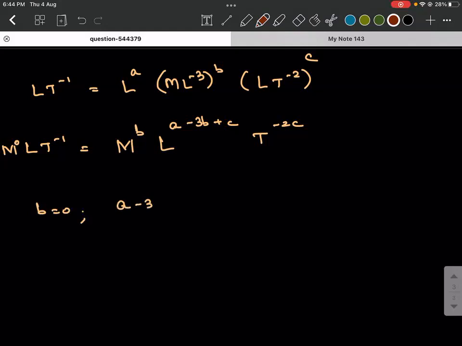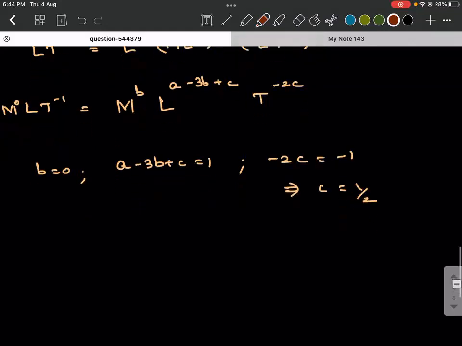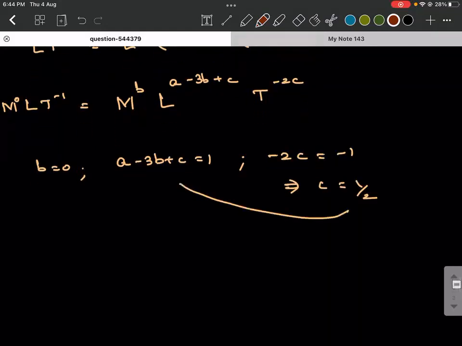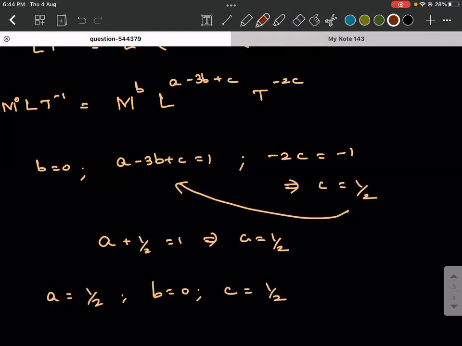For L, A minus 3B plus C is 1, and minus 2C is minus 1, which implies C is equal to half. If C is equal to half, you substitute it here. A plus half is 1, which implies A is equal to half. So A is equal to half, B is equal to 0, C is equal to half.